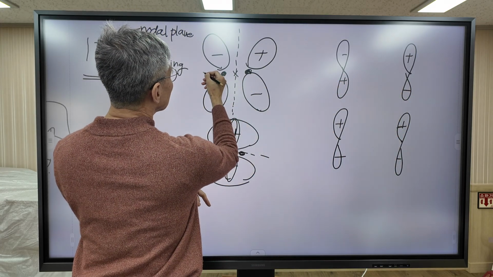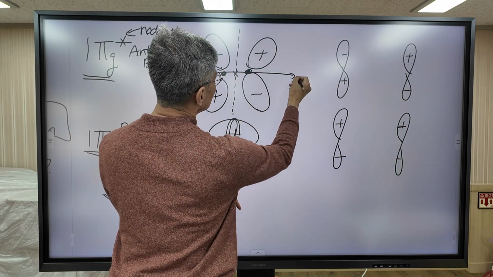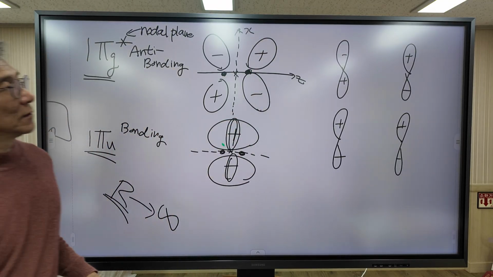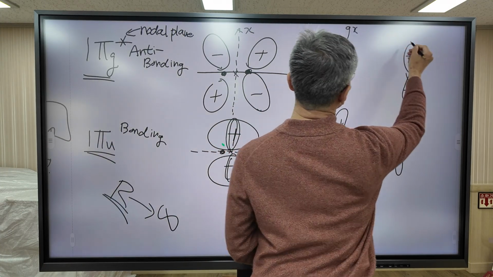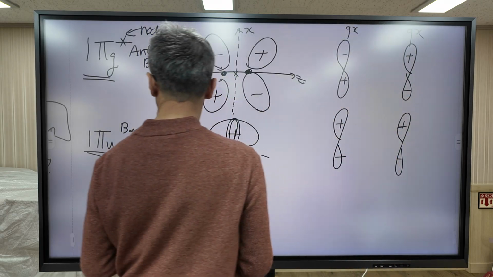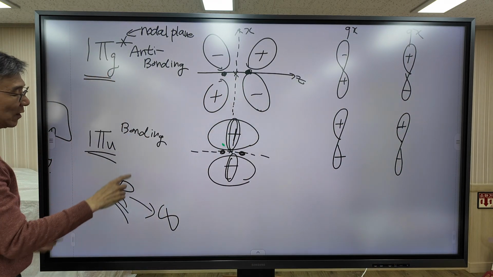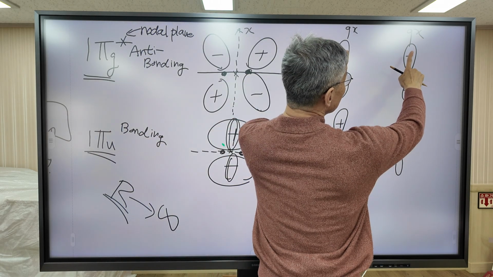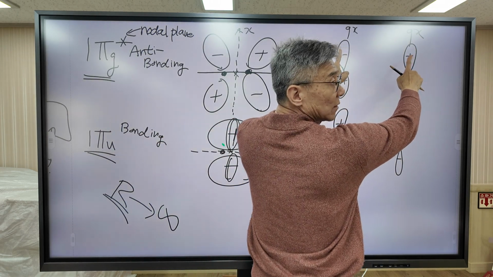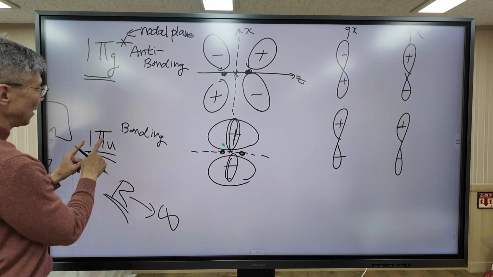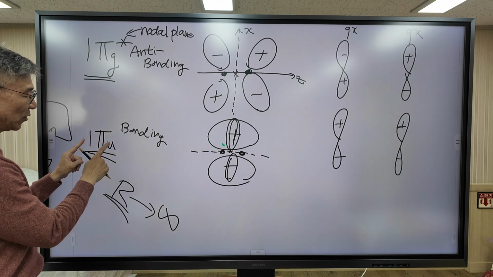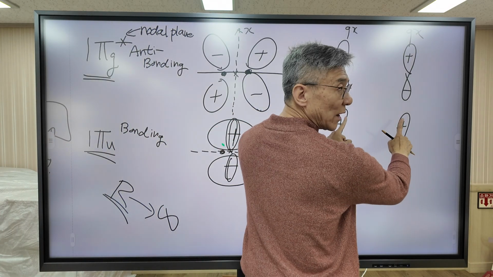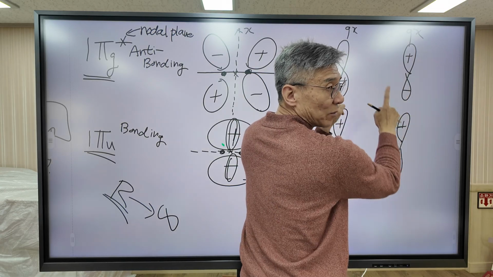Now I'm going to assign: this is the g-axis, this is the x-axis. So for the 1 pi u orbital, when R goes to infinity, you obtain the 2px orbital. Similarly, for the 1 pi g orbital, when R goes to infinity, you obtain the 2px orbital. The same 2px orbital appears.